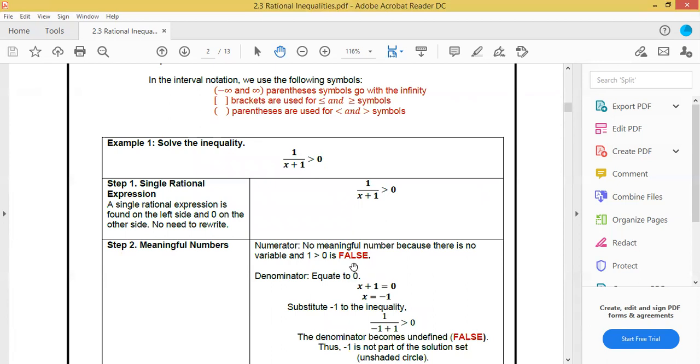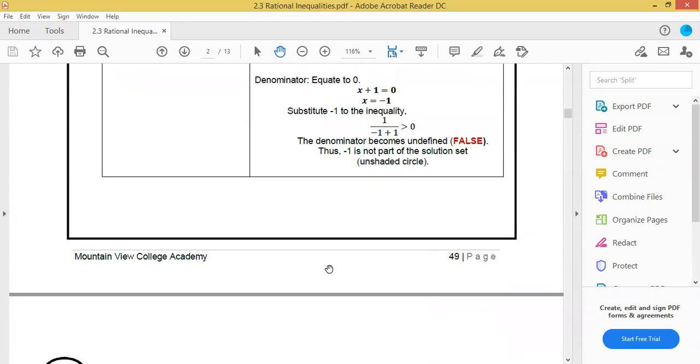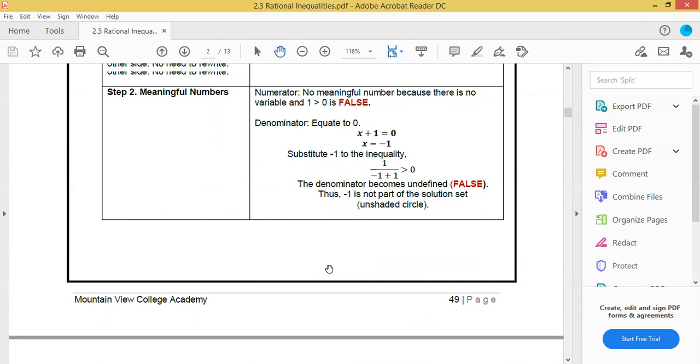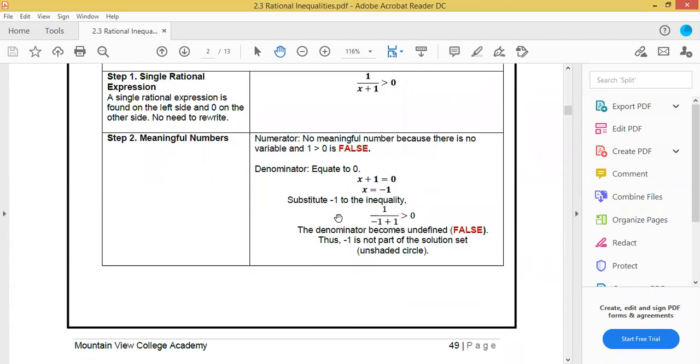Please correct this: for the numerator 1, there's no variable, so there's no meaningful number, and 1 is greater than 0. Next, for the denominator, we have x plus 1 is equal to 0. We transpose, and we have x equals negative 1.